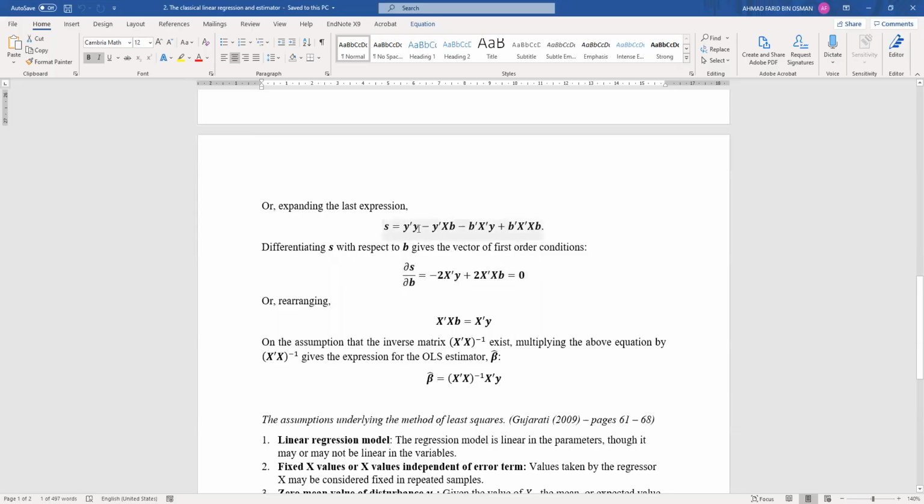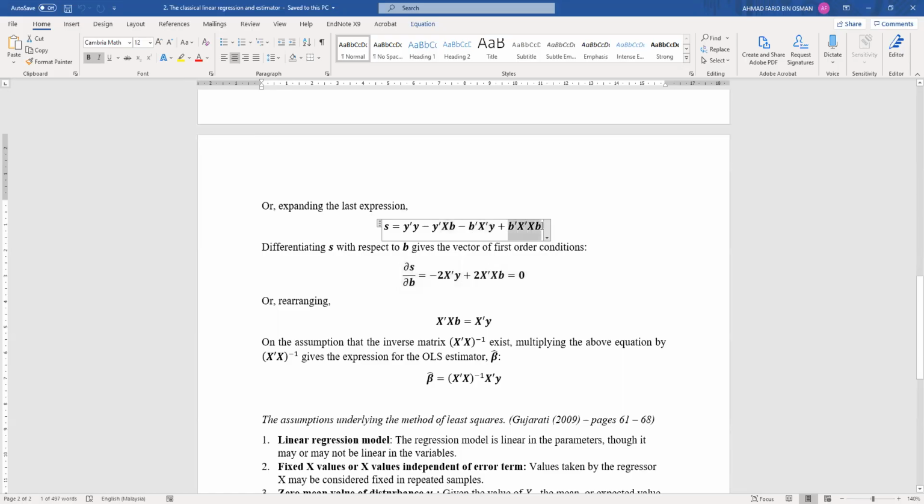This term doesn't have B, and this one has one B, so it becomes negative Y transpose X. This one also has one B, so it is minus X transpose Y. So these two, after you perform the first derivative, give you Y transpose X and minus X transpose Y, which is equivalent to negative 2 times X transpose Y.